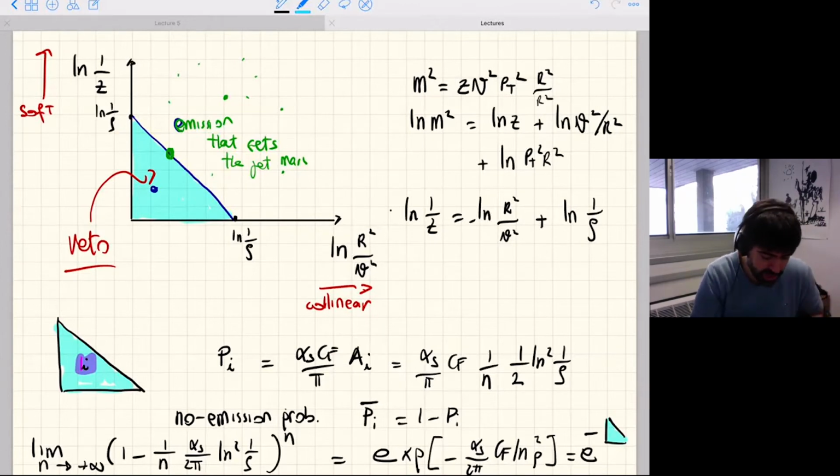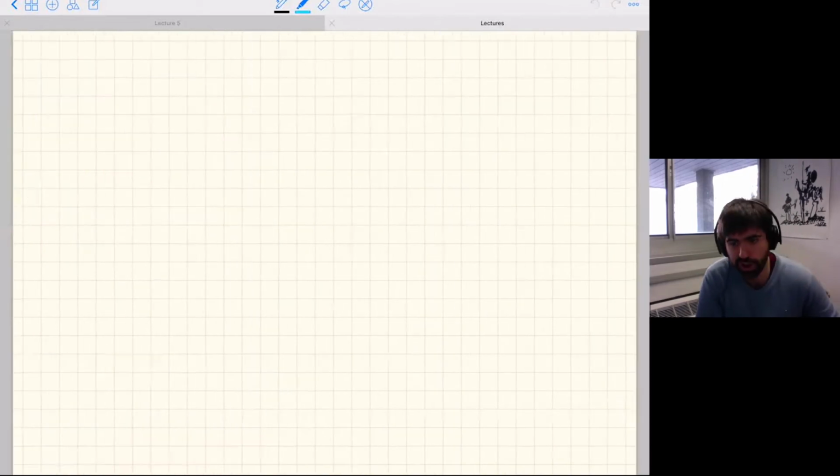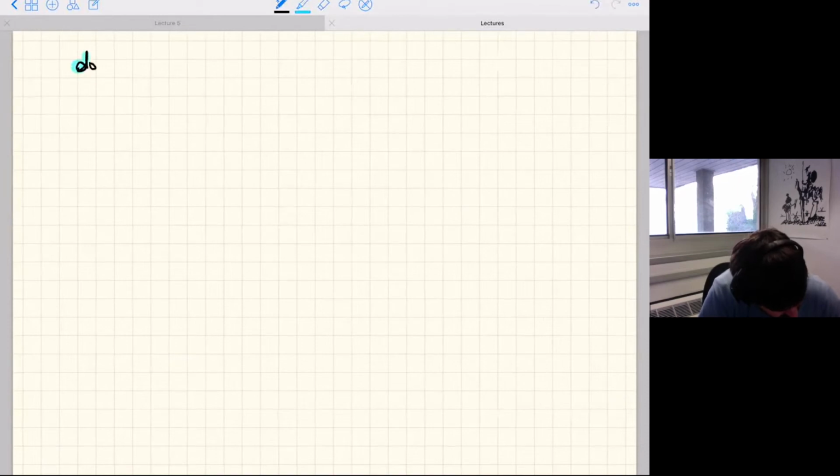Because you see, we exponentiated things. So now, essentially by coloring areas, by doing kindergarten activities, we can write the double differential distribution of the jet mass. Actually, let me write it for rho, because we are talking about rho over sigma.